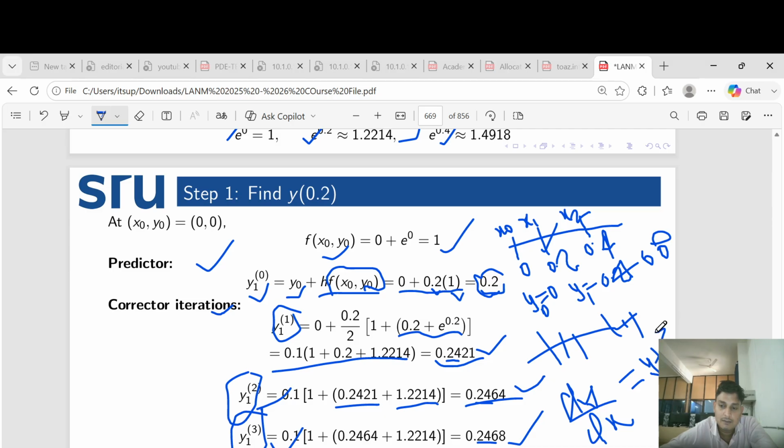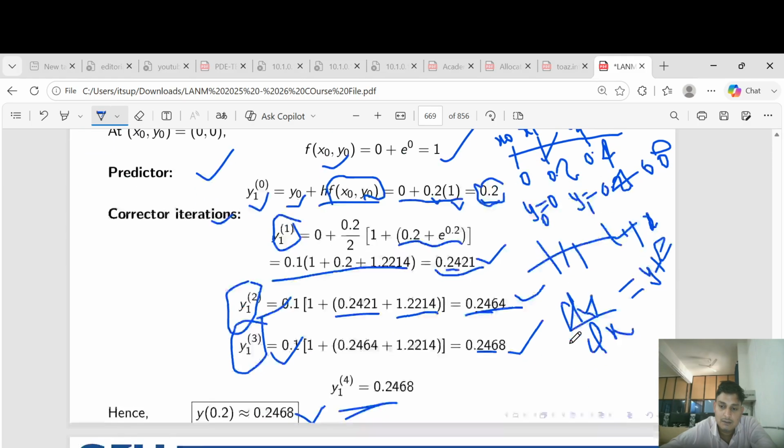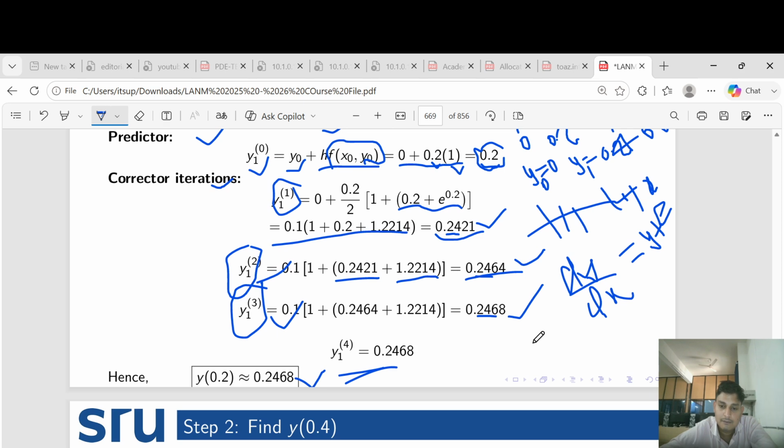Rewriting, dy by dx minus y is equal to e to the power x. Here p and q are functions of x only.